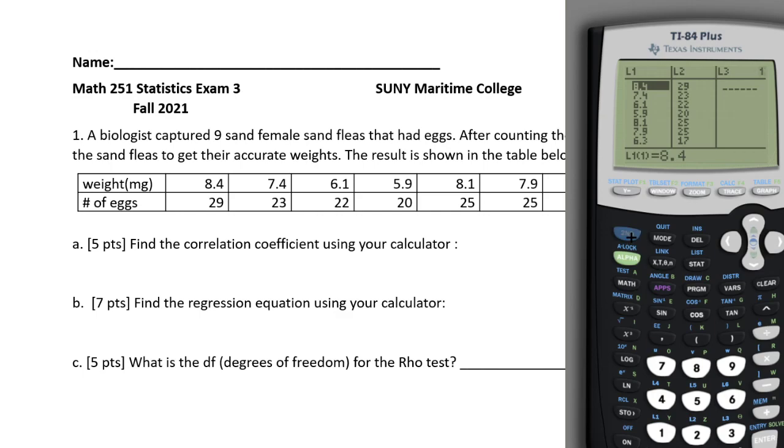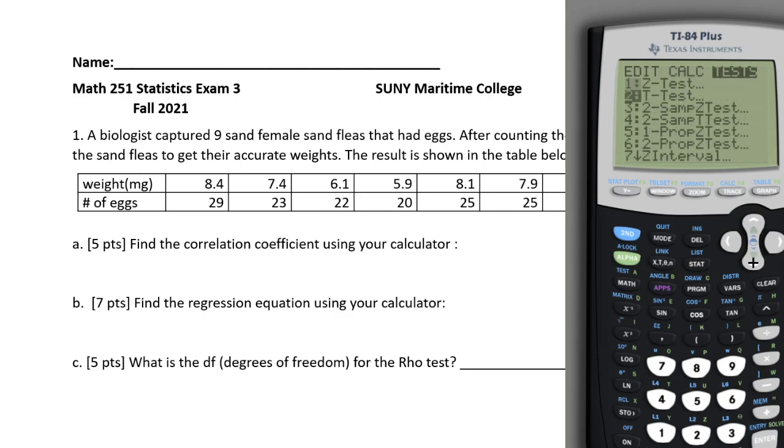Okay, anyways, we quit, and now that you have the list of the weight and the eggs, list 2 should be the y, and list 1 should be your x. Once you have that done, you can go to stat, and you have to do the regression test.